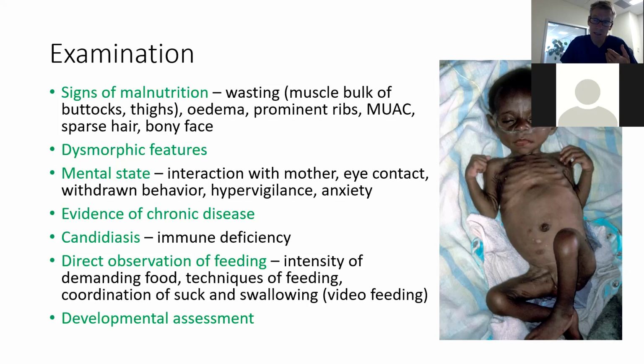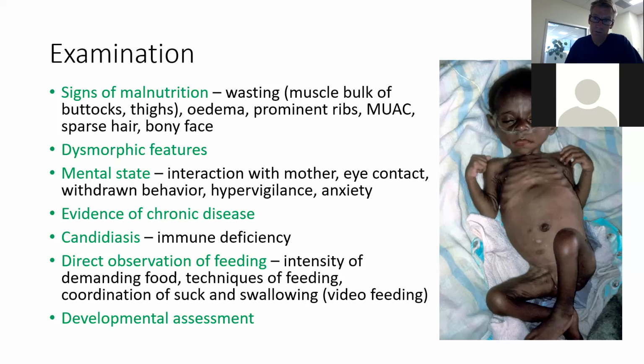Sometimes some babies have hypervigilance where they're really scared all the time, or the child looks like they have anxiety. All of these features are quite common in children with failure to thrive, especially older children who've been either neglected or not been given adequate calories.